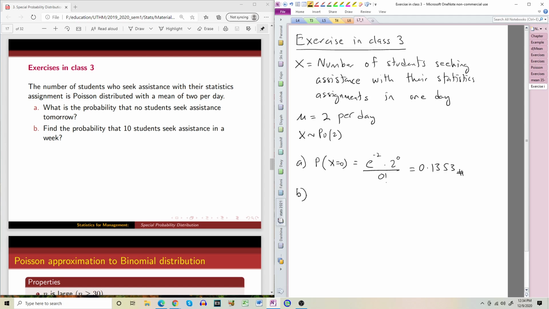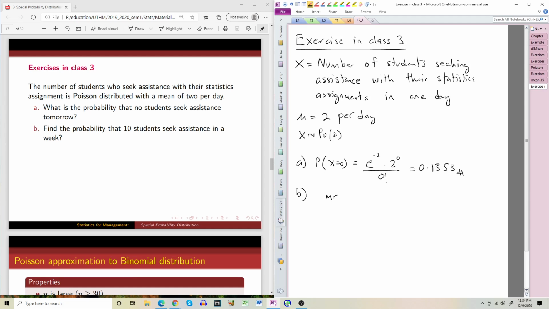Find the probability that 10 students seek assistance in a week. So now they are asking the probability of 10 students seeking assistance in a week, not in a day. So the mean must change.